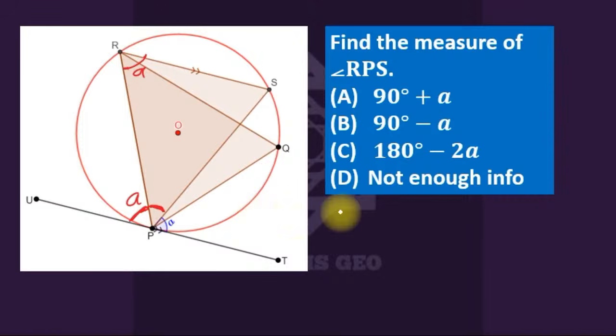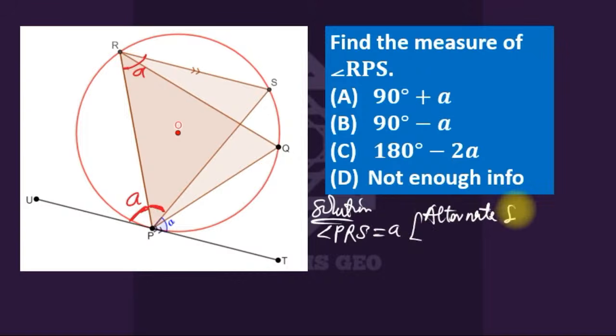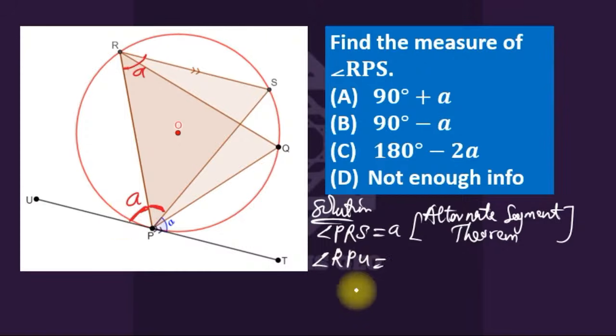So let's solve. Let's just state. First, we'll notice that angle PRS is A by the alternate segment theorem. And angle RPU, that's this, is also A by the alternate angle theorem.